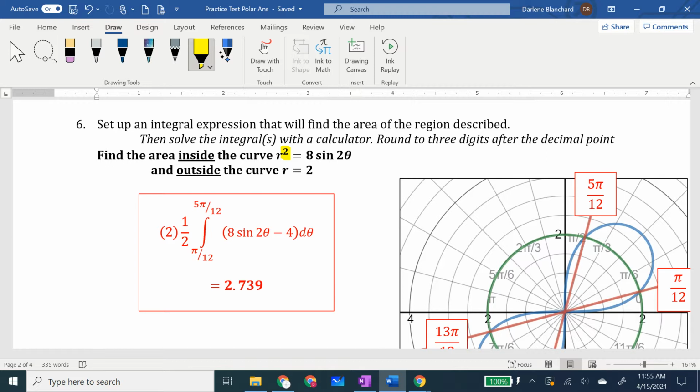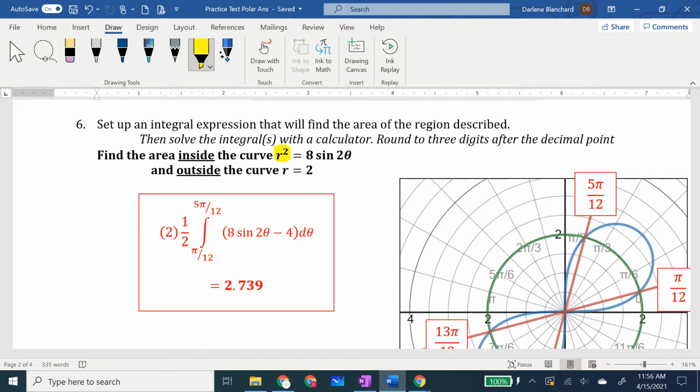Do know that the test I'm giving you tomorrow is something that I feel you have had sufficient time and study to be able to do well on it. But this one is tricky because it's giving you r squared, and you get into the habit of always squaring the function, and it's already r squared. So be careful with that.